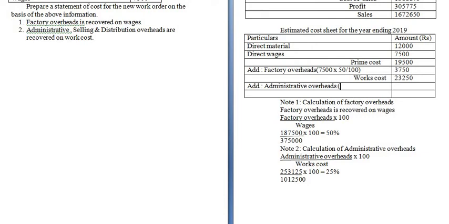So work cost for 2019 is 23,250 into 25 divided by 100. Calculate this: you will get 5,812.5.